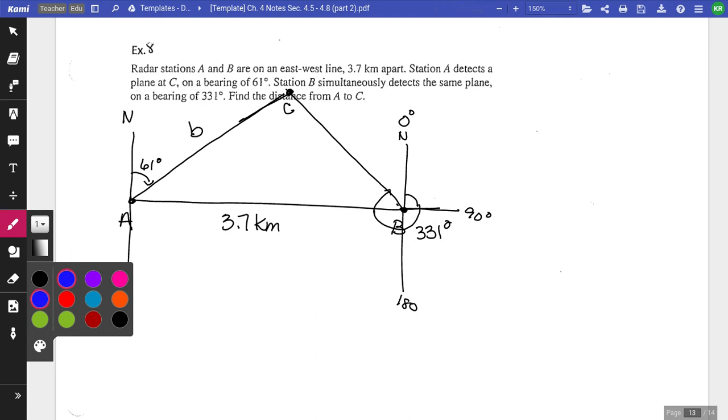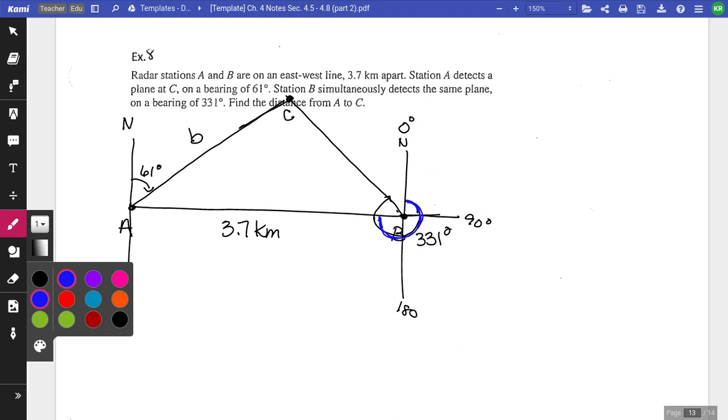So this is a 331 degree angle, and you know that this far around is going to be 270 degrees. Okay, so if the total angle measure is 331, if I go 331 minus your 270, you get 61 degrees. So this angle right here is going to be a 61 degree angle.